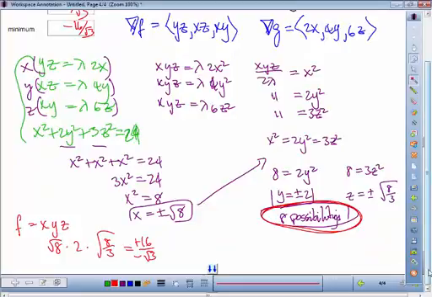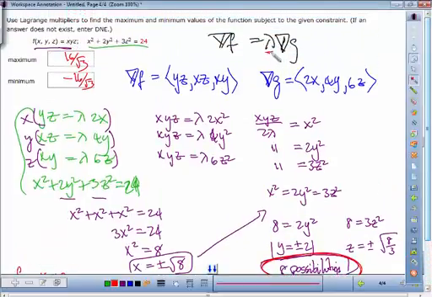So, the idea of the Lagrange multipliers is the gradient of the function you're trying to maximize equals lambda times the gradient of the constraint. Now, I always put the lambda next to the constraint, but really lambda cannot equal 0. If it's equal to 0, then this whole thing doesn't work anyways.